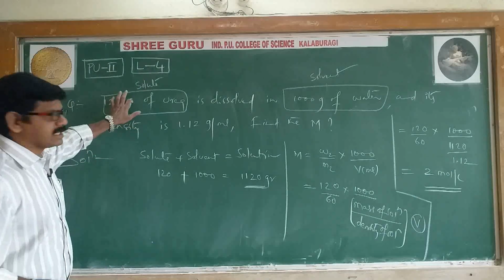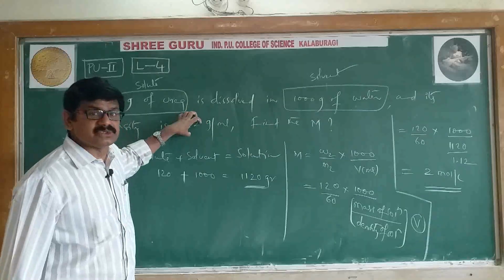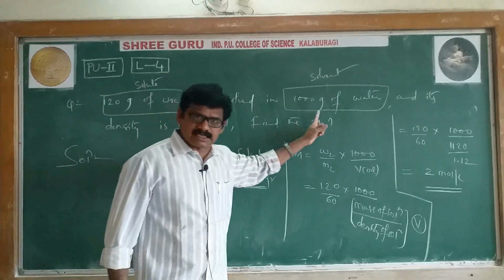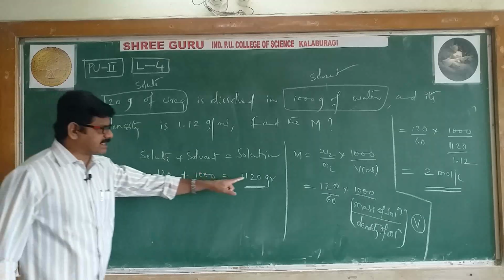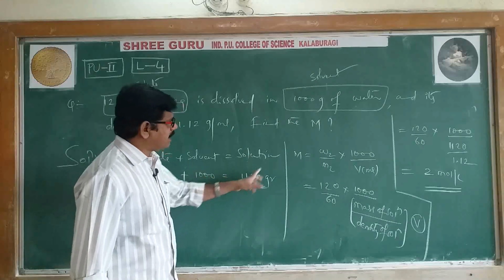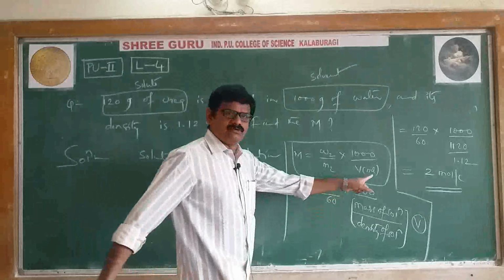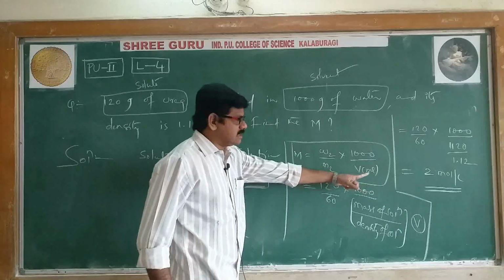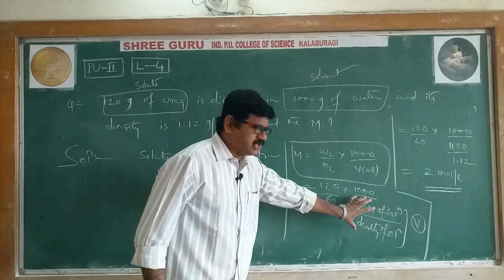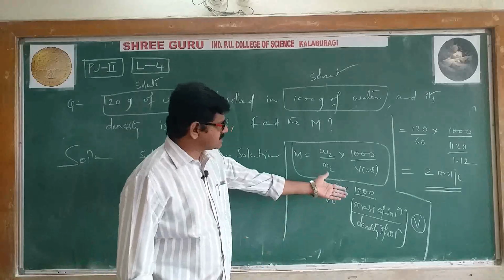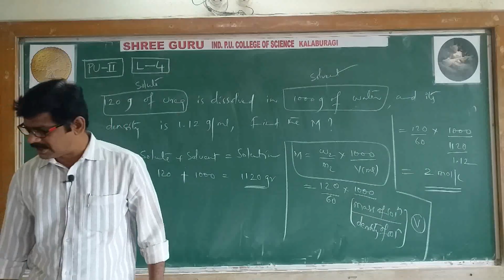Here the solute mass is given, the solvent mass is given, and the solution density is given, and molarity is asked. Therefore, just add them, get the mass of solution, and take our usual molarity formula. In this, volume of solution is needed. That's why whatever mass is there, if you divide it by the density, you will get volume. And after substituting, you will get the final answer, that is 2 mole per liter.